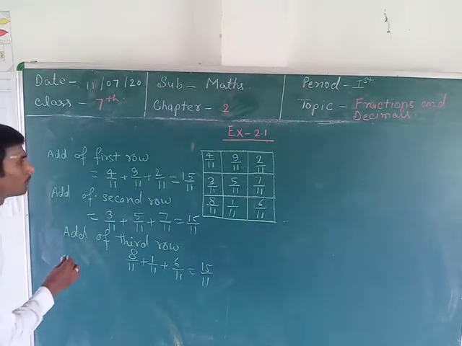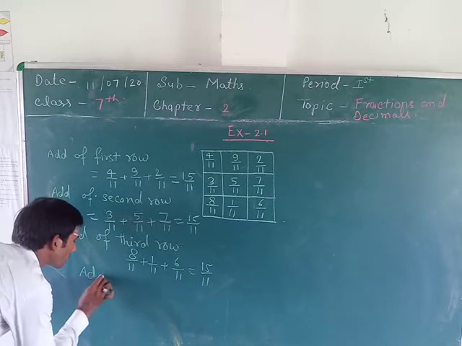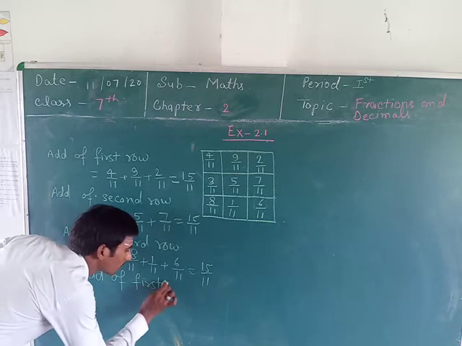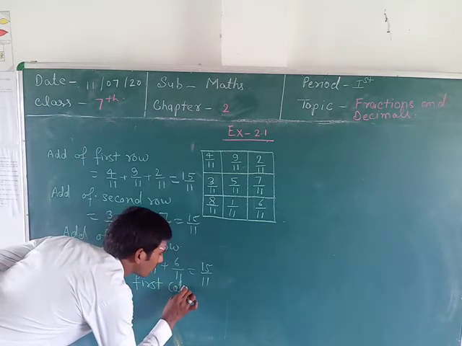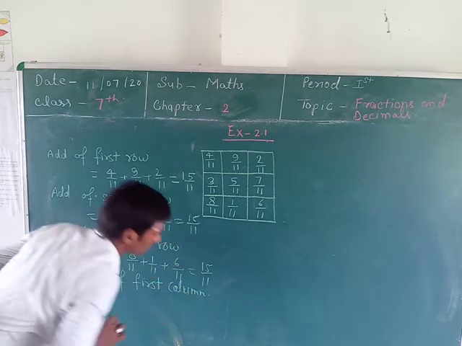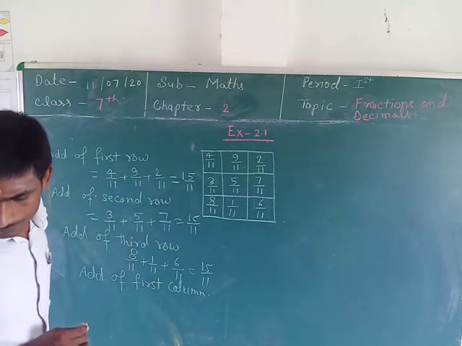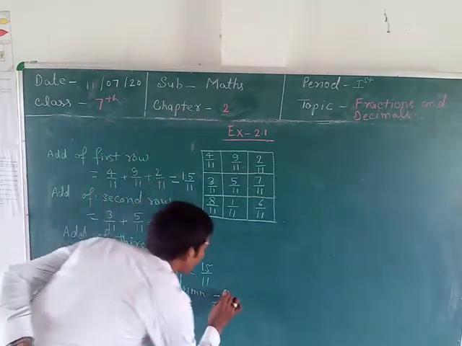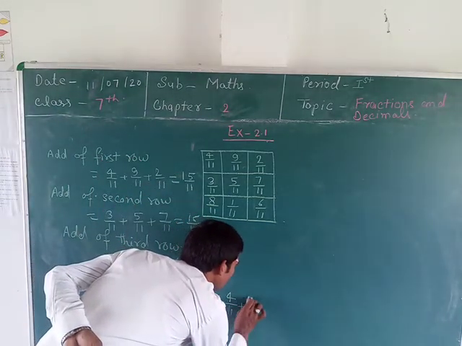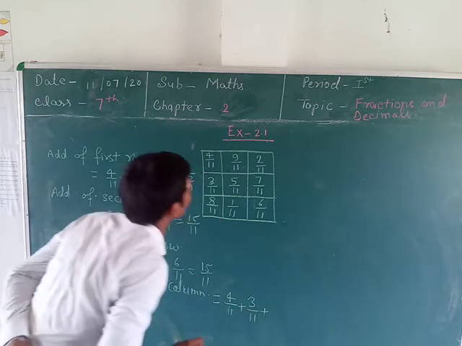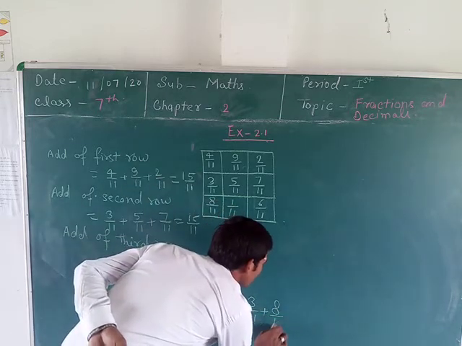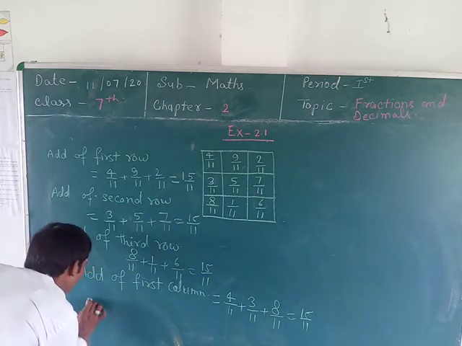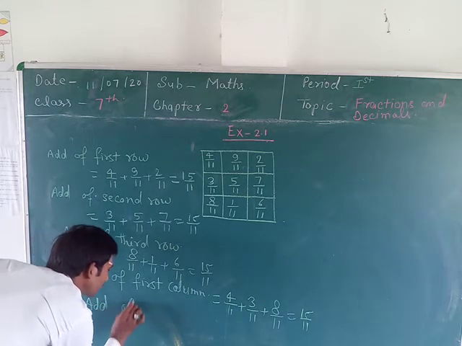Add up first column. Equal to 4 upon 11 plus 3 upon 11 plus 8 upon 11 equal to 15 upon 11. Add up second column.